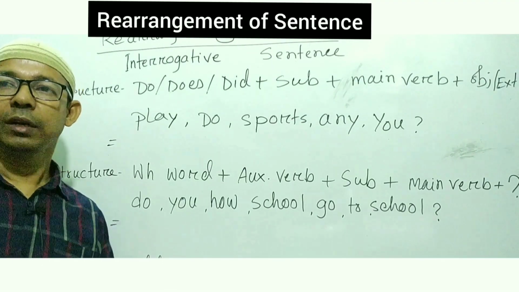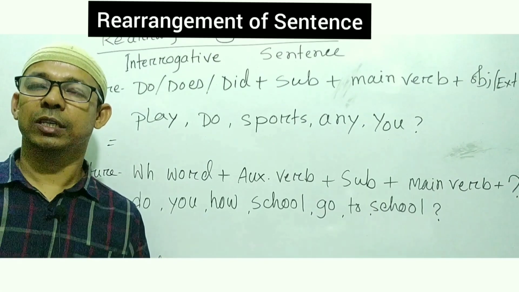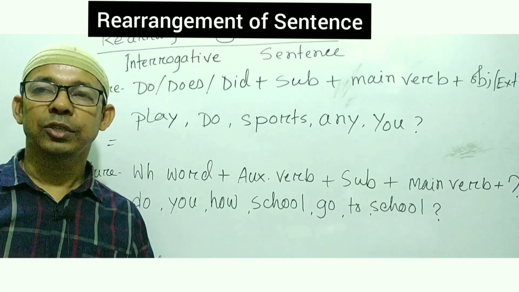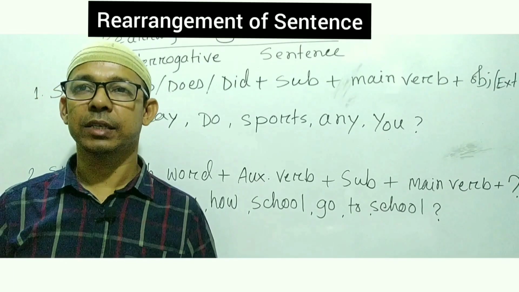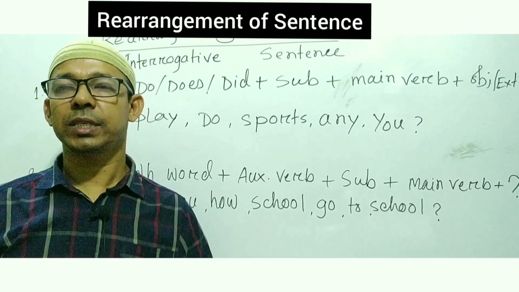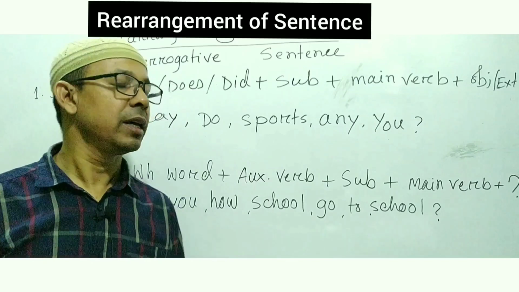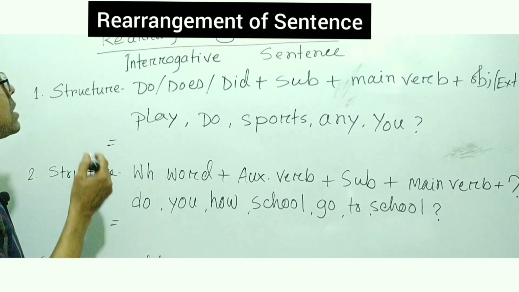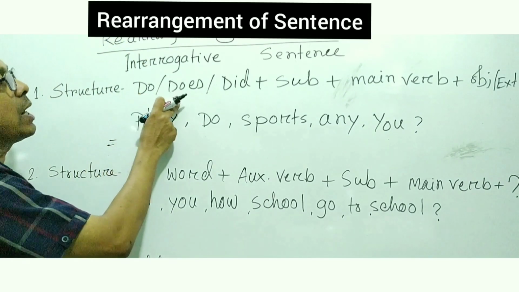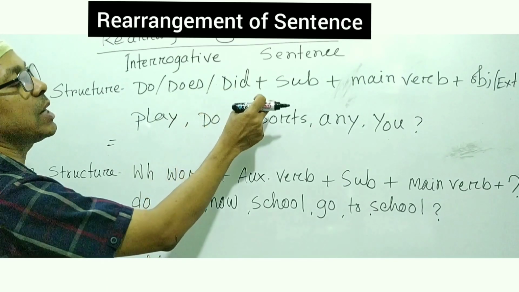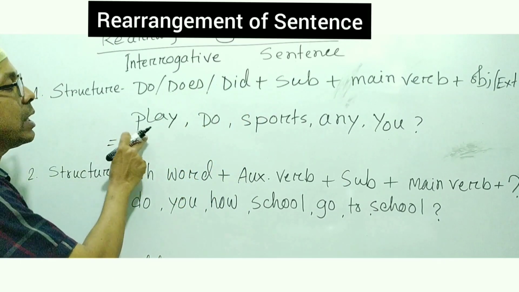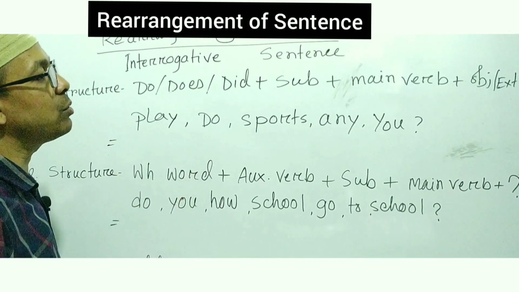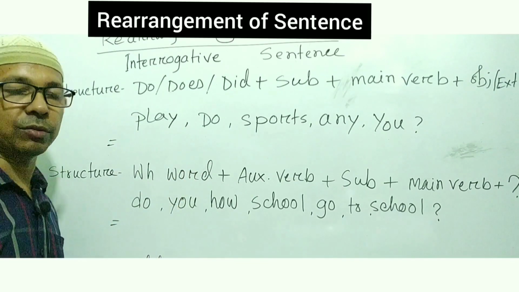My dear students, now we learn the structures of the interrogative sentence. We know that an interrogative sentence is a sentence which asks questions about anything. Okay, so here you can see structure 1: do, does or did, then subject plus main verb plus object or extension, then a question mark. So here you can see play, do, sports, any, you.